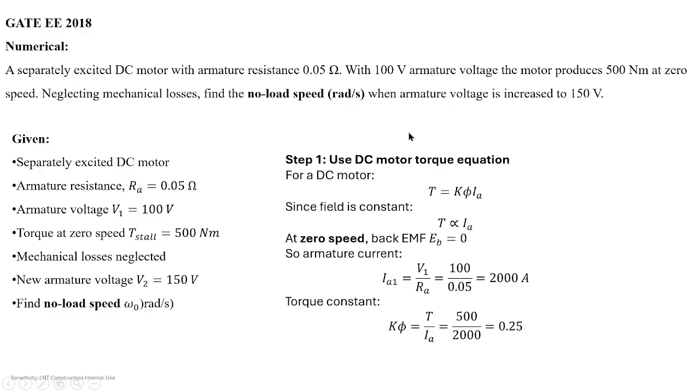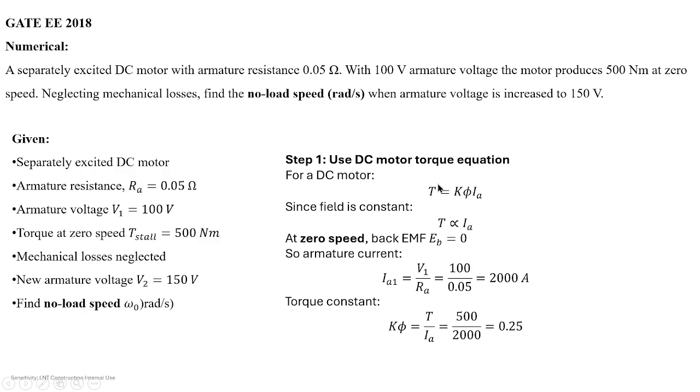Means V2 is increased to 150 volt from 100 volt. So all these given statements are written there. Just like V1 is 100 volt, torque at zero speed is 500 newton meter, and mechanical losses are neglected. V2 is equal to 150 volt.